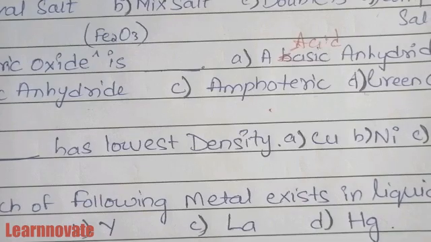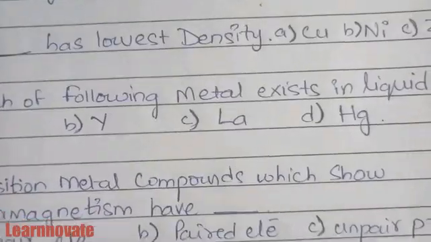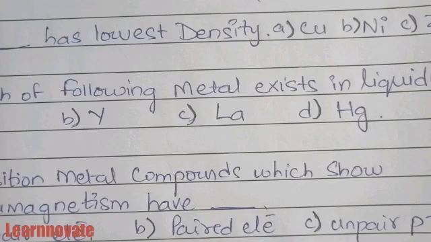Coming to the last question of this chapter: transition metals which show the property of paramagnetism have dash pair of electrons. Either they have unpaired, paired, unpaired proton, or paired proton. I have previously told you in the question session that there is no concept of paired or unpaired proton; it is there for confusion, so these two options can be considered.